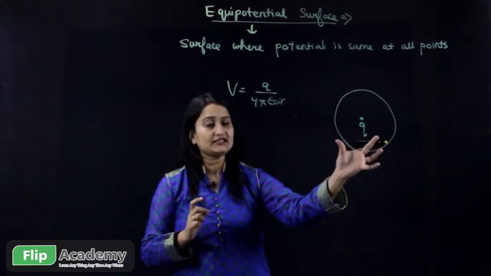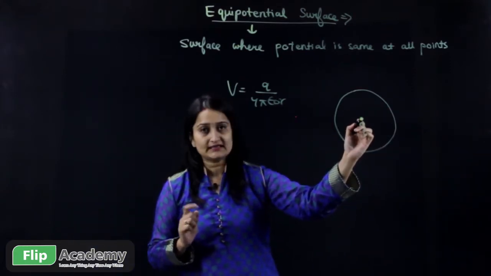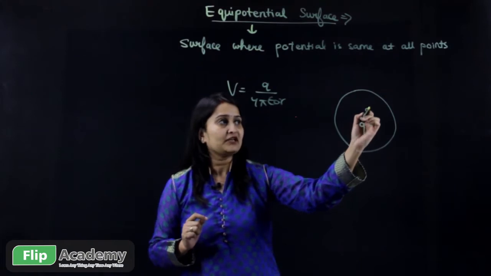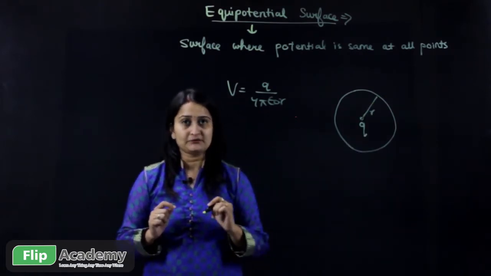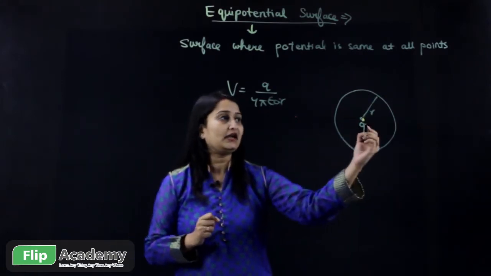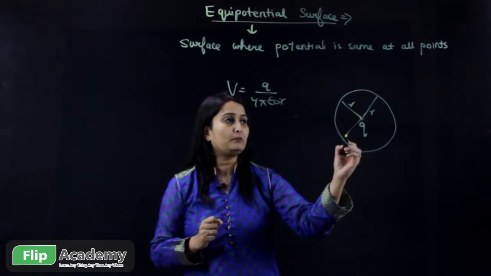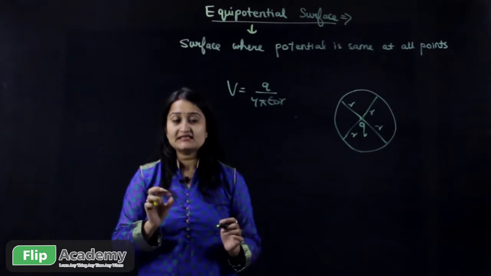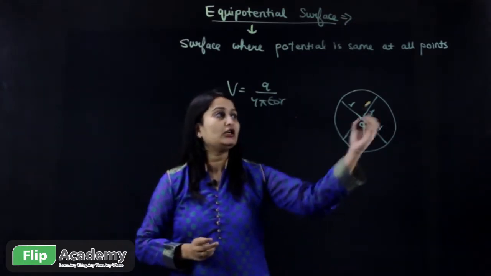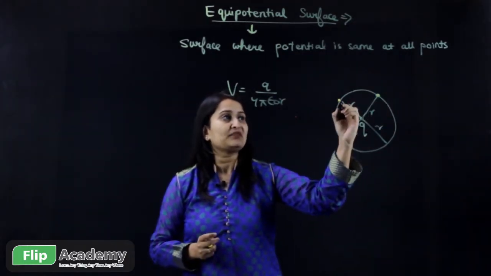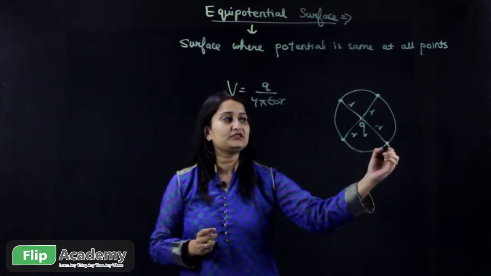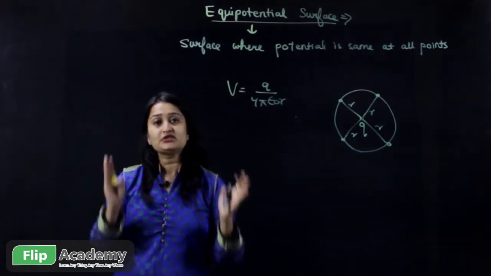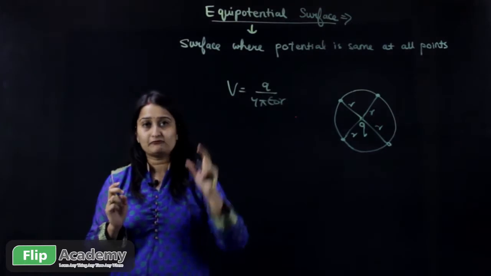Now you can see in the diagram, the point charge is at the center and the sphere has a radius r. This radius r is the same at all points. At this point also this is r, at this point also this is r. That means if we have to find the potential at any of these points, you are going to get the same formula.